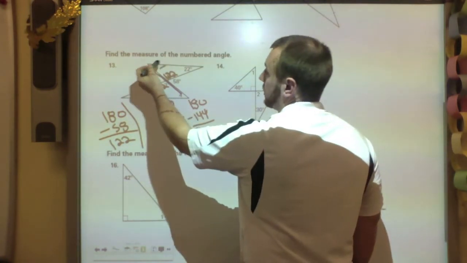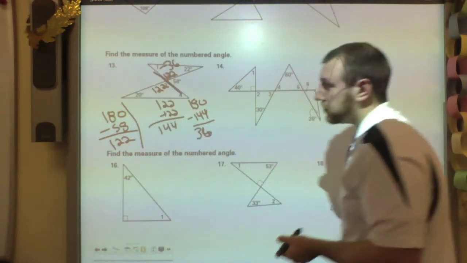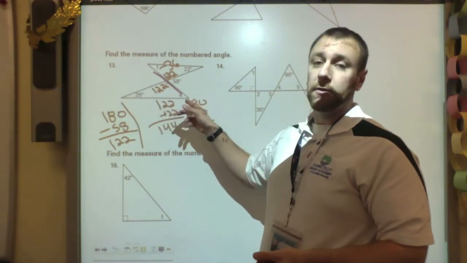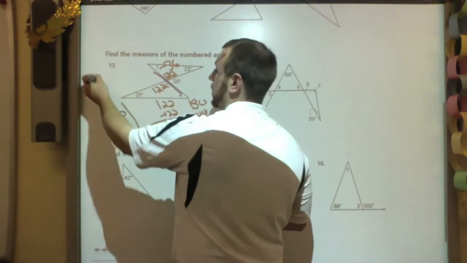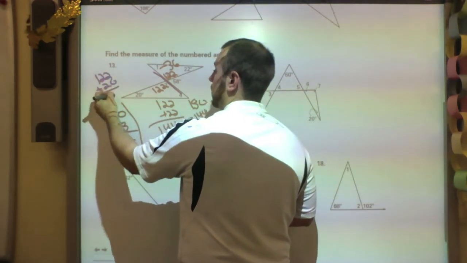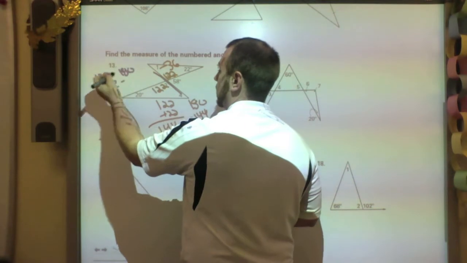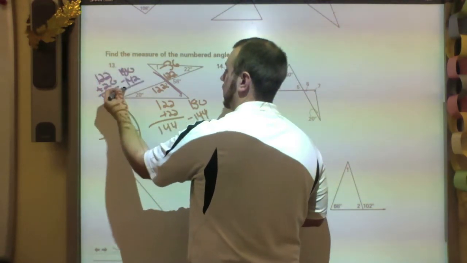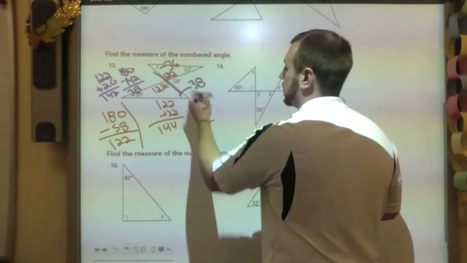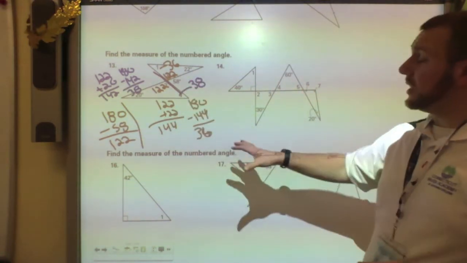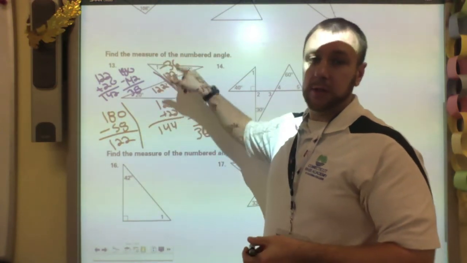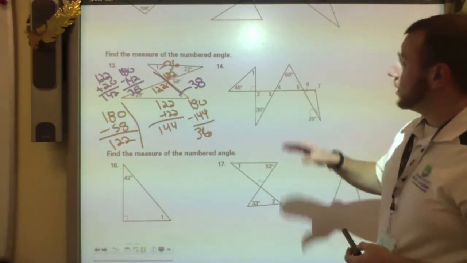So angle 1 is 36. I would repeat the process for angle 4, only using this 20 degrees, and I would get 38 degrees. So angle 4 is 38 degrees. Now, the biggest thing is that 58 to the 122 piece.